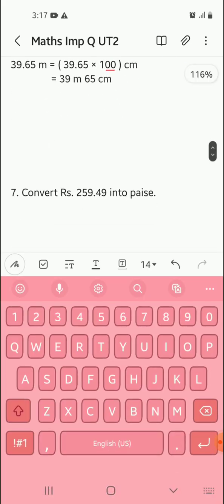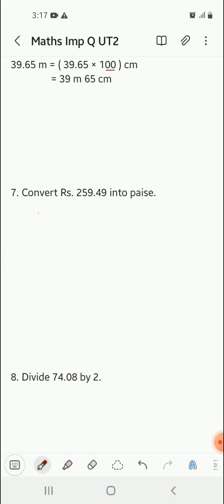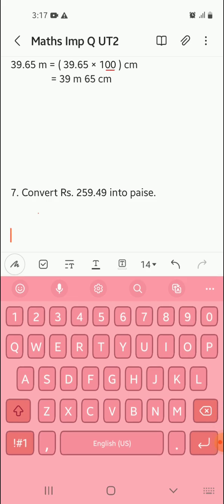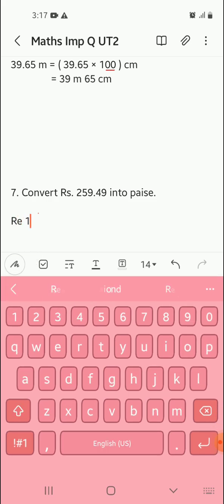Next question. Convert rupees 259.49 into paise. Simple. We know that 1 rupee is equal to 100 paise.